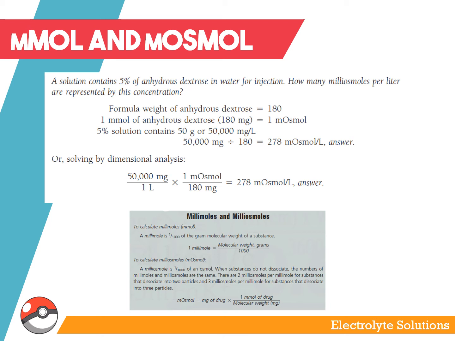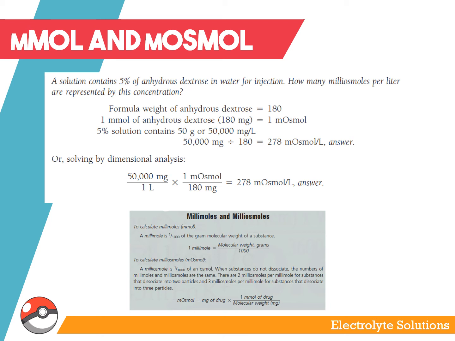Like stated a while ago, the millimoles and the milliosmoles would be equal. Since 5% of the solution contains 50 grams or 50,000 milligrams per liter, 50,000 milligrams divided by 180 is equal to 278 milliosmoles per liter.